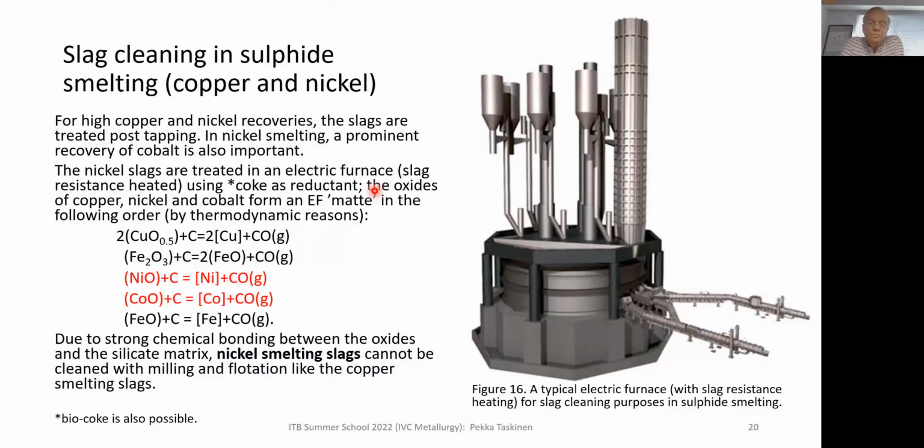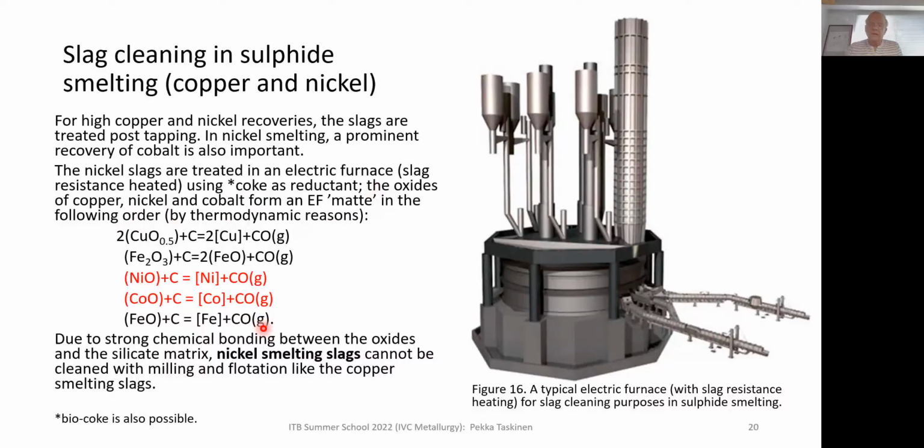This operation mode of nickel slag cleaning is different from what we do in copper slag cleaning. The same kind of furnace is typically used there, but these reduction reactions are not as strong as in nickel slag cleaning.